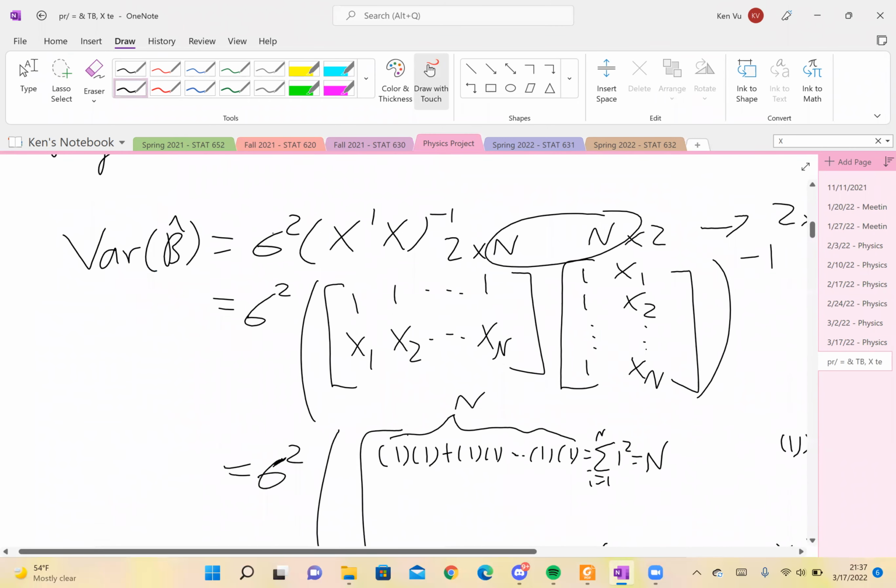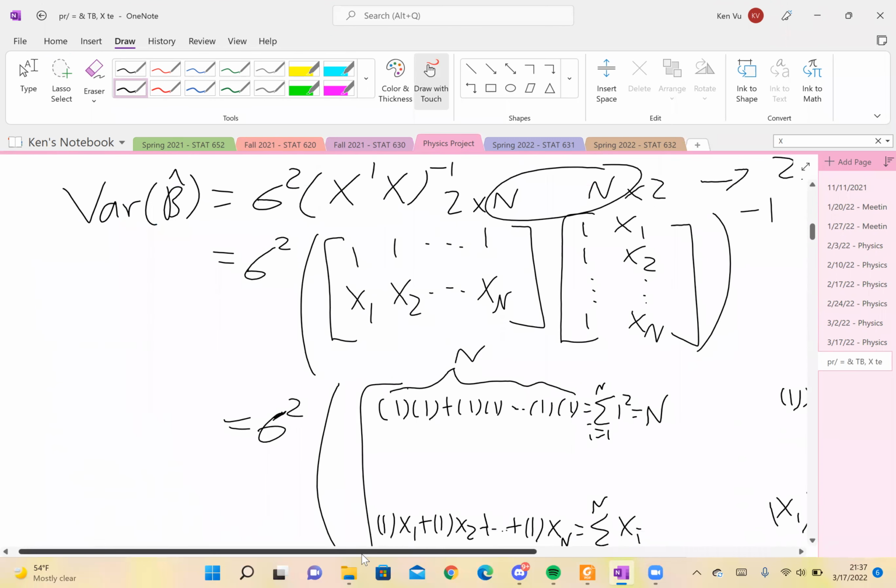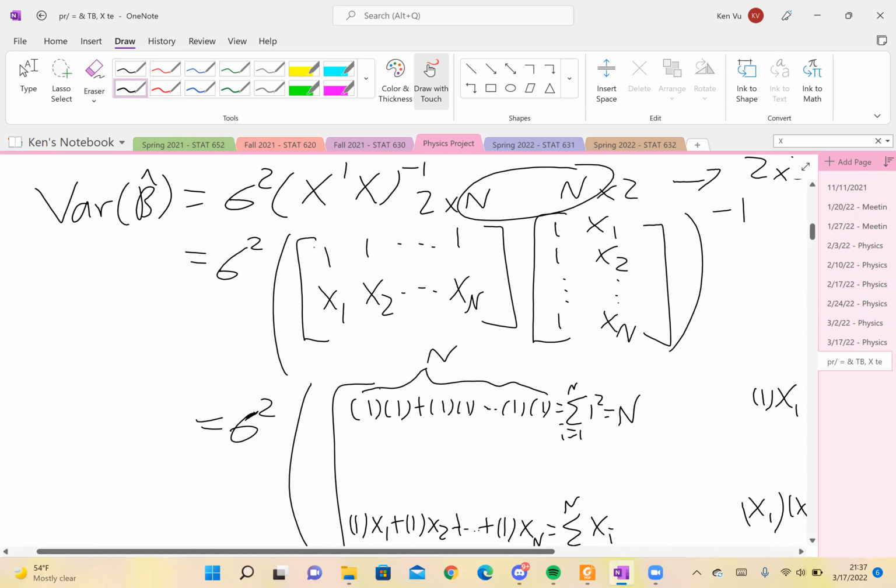And remember that sigma squared is a constant. Once you plug in X transpose and X, you will get sigma squared times the inverse of X transpose, which is a row of ones and then the next row listing all the X values from 1 all the way to Xn, and then X itself, which is a column of ones and a column of all the X values from X1 to Xn.